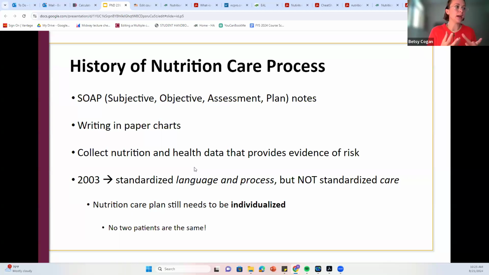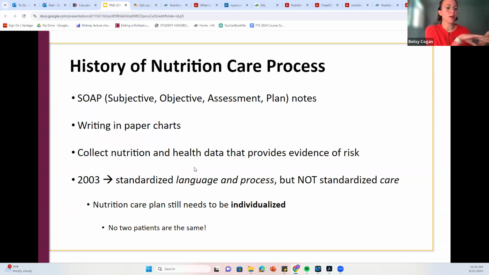They're similar in some aspects, where with the assessment portion of ADIME, you are collecting subjective and objective data, but ADIME is way more in depth compared to these SOAP notes, where we're noting down subjective things, objective things, some notes from our physical assessments, and then a plan.